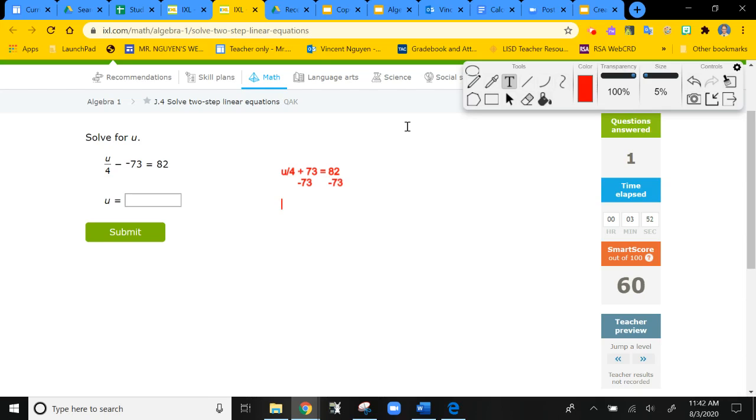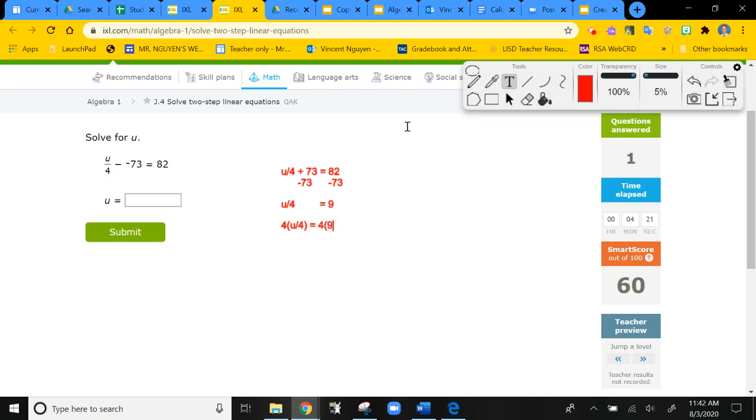On the left-hand side, I have u over 4, equal to 82 minus 73. I believe that is 9, right? The next step is to get rid of the division. I have to multiply everything by 4. The next problems I do, I'm probably not going to type out like this anymore.